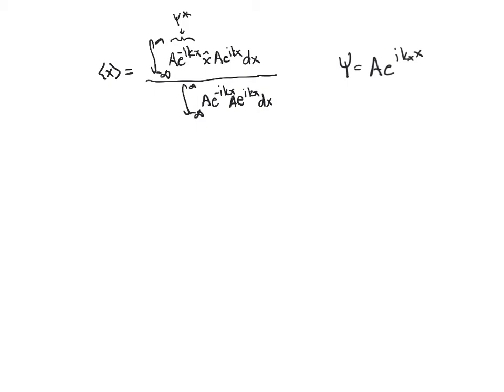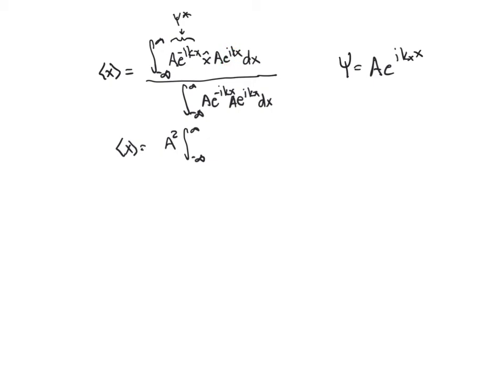All right, so my A's are just constants, so I can pull them out of the integral. A times A gives me an A squared out here, and then the integral from minus infinity to infinity. And notice that e to the minus ikx times e to the ikx is just equal to 1.